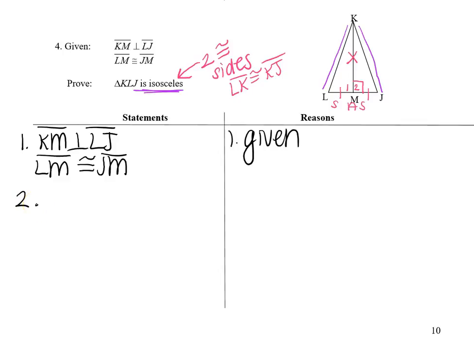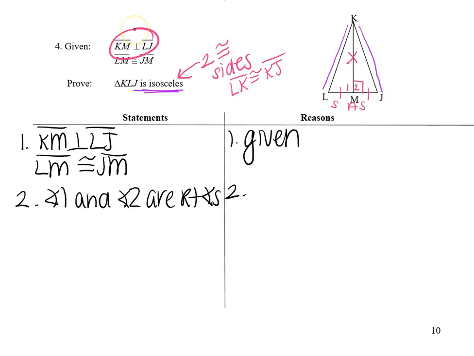All right, let's first talk about angles 1 and 2. I know that they're right angles. Remember, you're not going to jump to that they're congruent. You have to talk about them being right angles first, because all they told you is that those are perpendicular line segments.